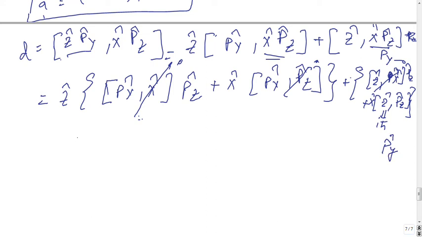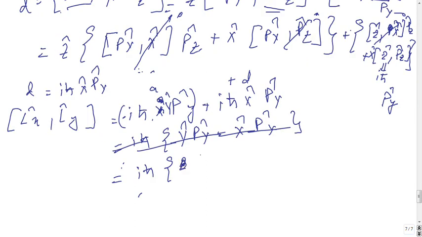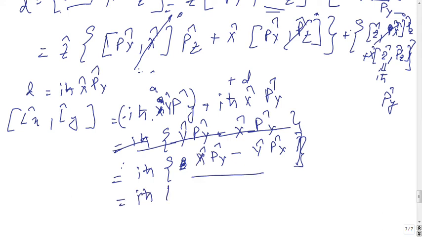So the remaining D would become iota h bar x hat py hat. So this would be x hat py here and y hat px over here. And this is nothing but the Lz component.